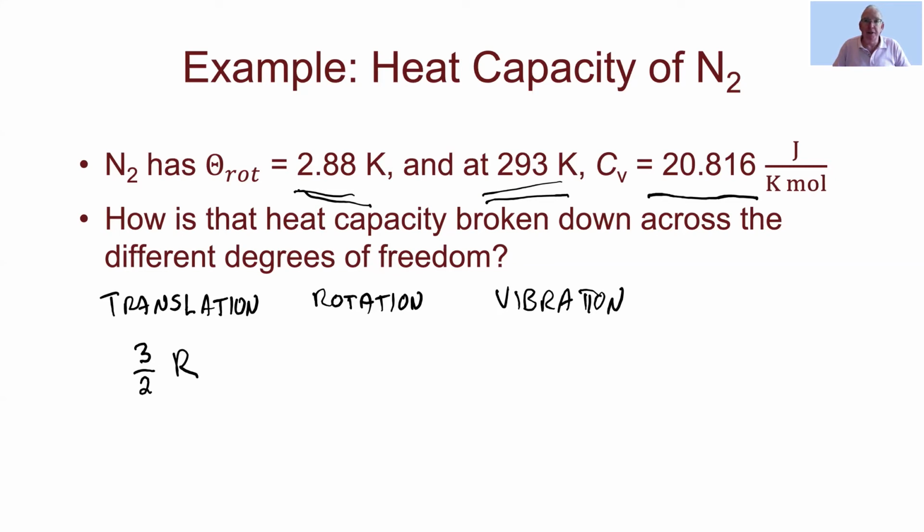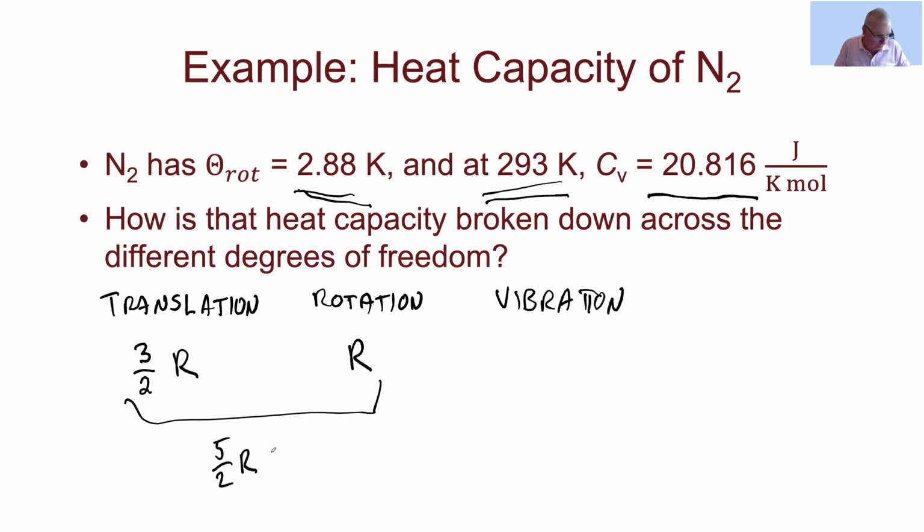That means my rotational motion should be in the high temperature limit as well, just like we saw for the CO case, right? That means for my rotational motion, I have two rotational modes because I can rotate about two axes, either this one going that way or the one going perpendicular to that. So that means I get 2 times 1/2 R, or I get R. Put those together and I get 5/2 R.